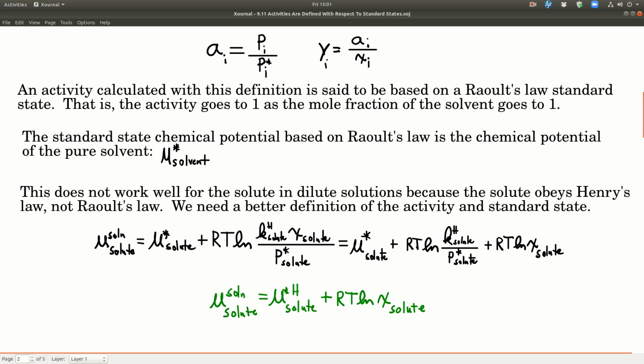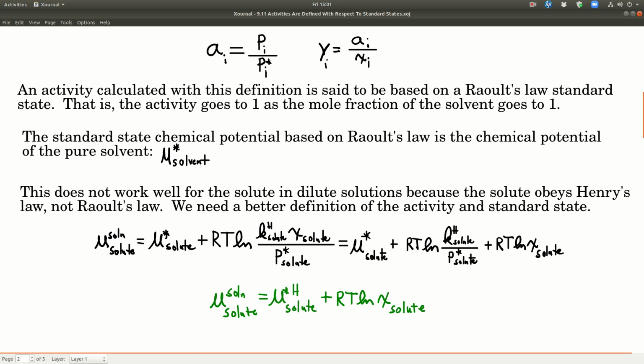But if we break this up into this term and then the mole fraction, ln of AB is equal to ln of A plus ln of B, right? So that means we can write this as the chemical potential of the pure solute plus RT ln of Henry's law constant over the vapor pressure of the pure solute plus RT ln of the mole fraction of the solute. Or we can write that like this.